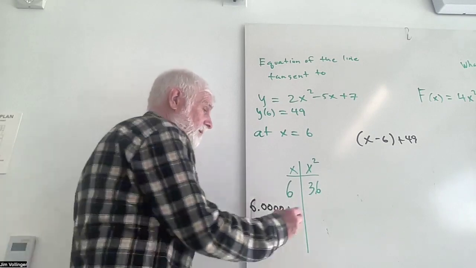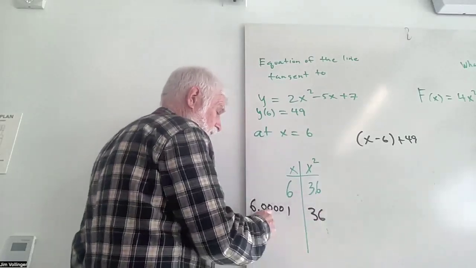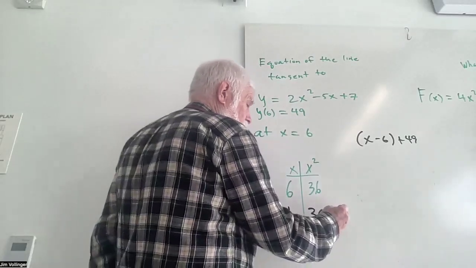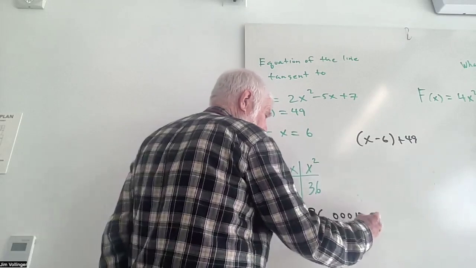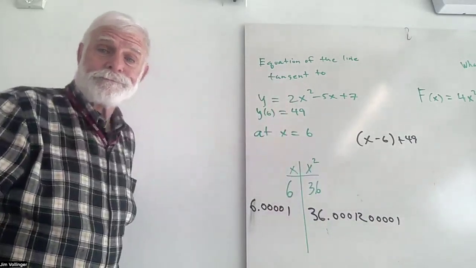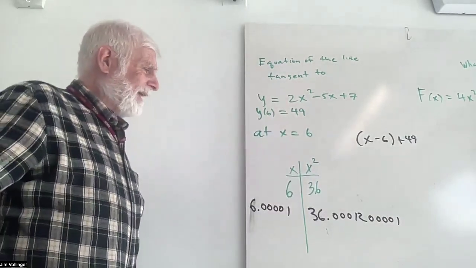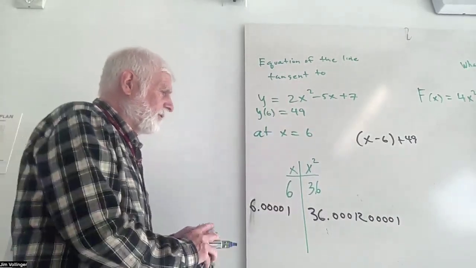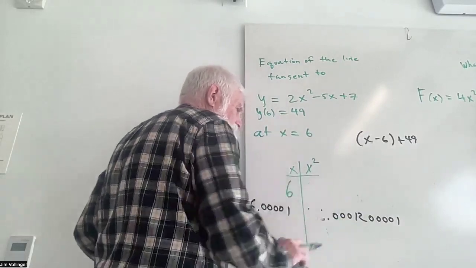Okay, I'll just write it. It's 36.000012 and so on. That's what it is. And if we want to estimate the change, well, I don't think there's change from 36 to 36.